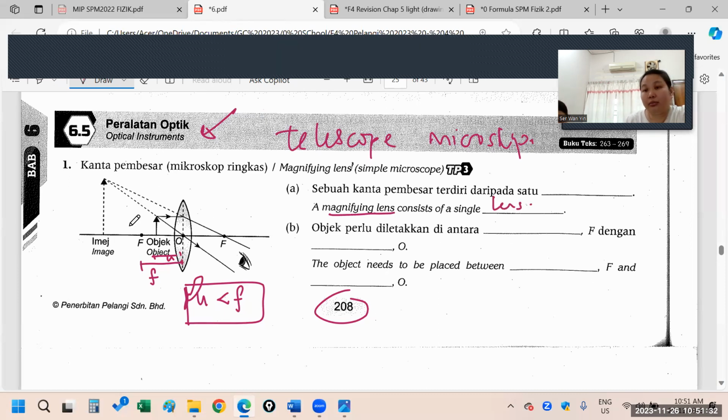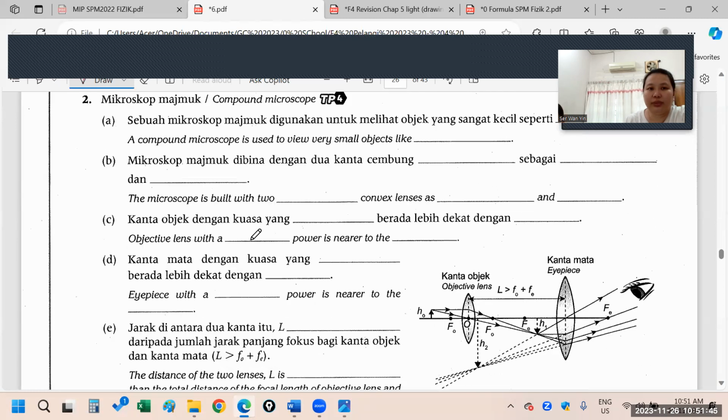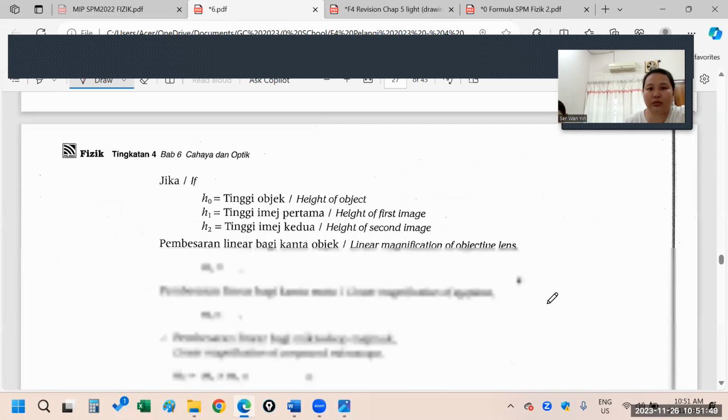So if you want to make the object larger, we put the object between O and F, meaning U is smaller than F. Alright, so now this is microscope, but we look at telescope first.